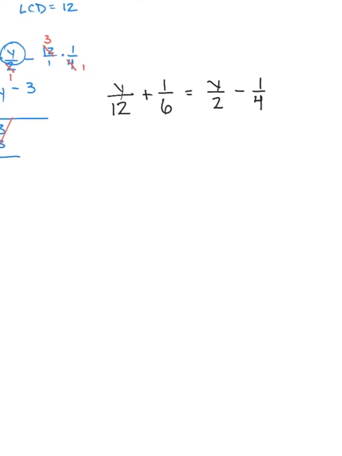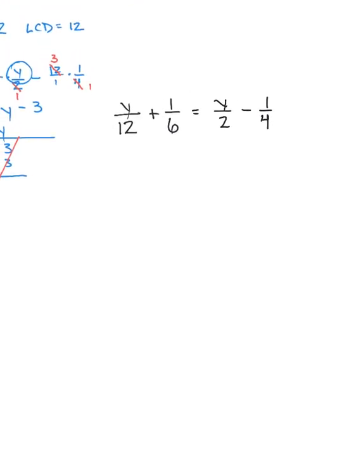So if we go ahead and rewrite everything with a denominator of 12, remember that was our LCD. The first fraction, I'm done. I don't have to do anything else. It already has a denominator of 12. So I'm just going to go ahead and bring that down.